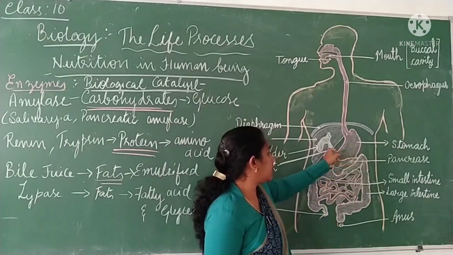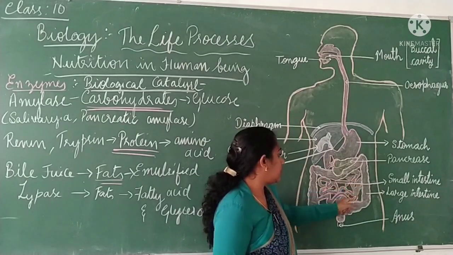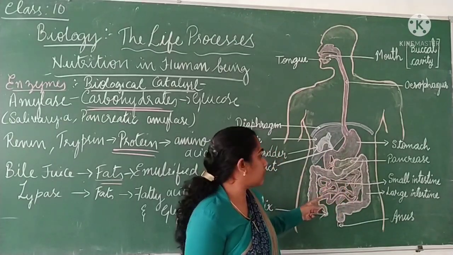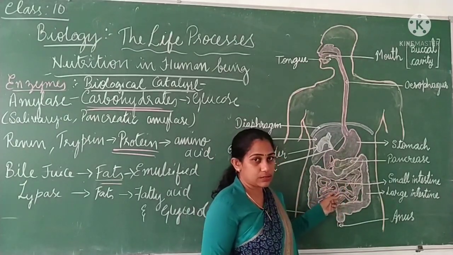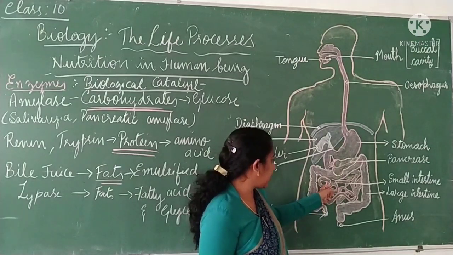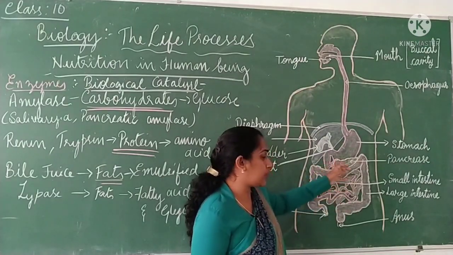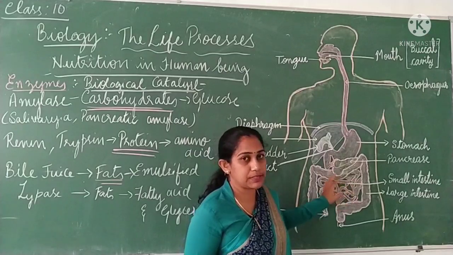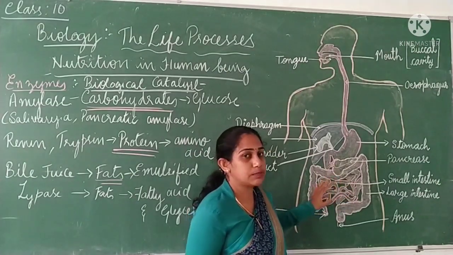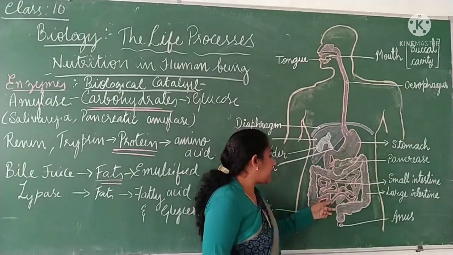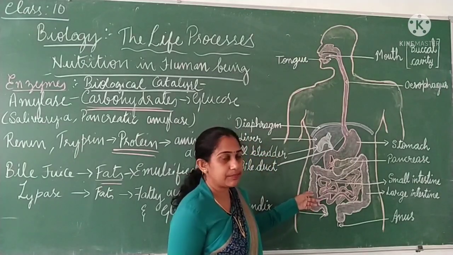Then the food enters the longest tube in the alimentary canal, the small intestine, where digestion is completed, and from there it enters the large intestine.